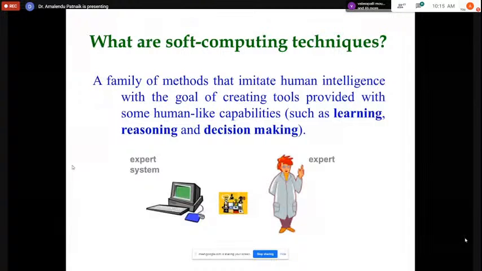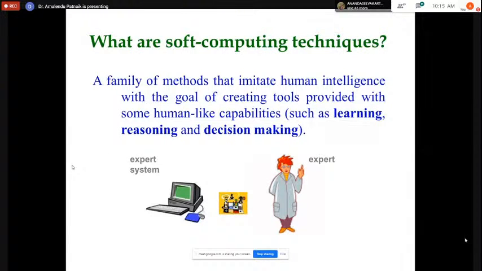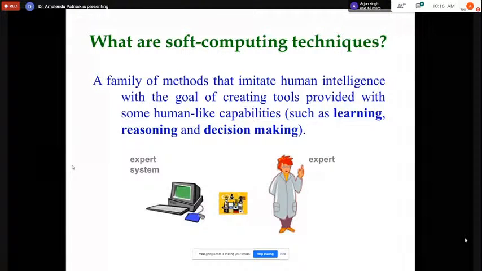It's a family of methods that imitate human intelligence with the goal of creating tools provided with human-like capabilities, such as learning, reasoning, and decision making. These techniques can learn a particular thing, and with the help of reasoning, they can take a decision, or in other words, produce an acceptable solution within a time limit.